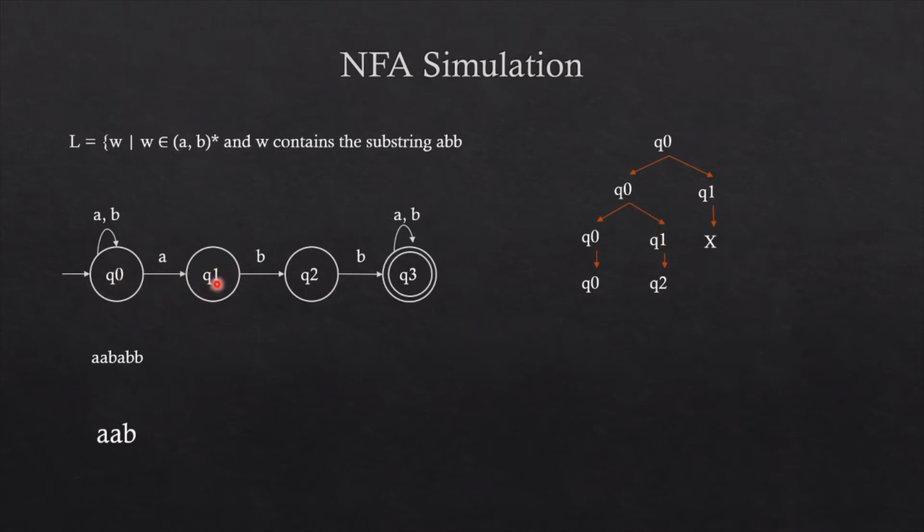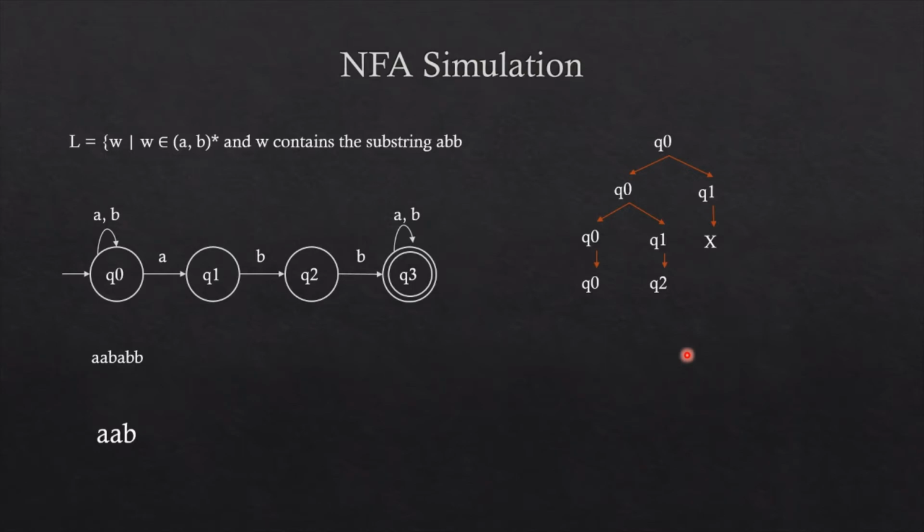See, Q1 means that the last symbol we saw was A. And one of the flows came to Q1 after seeing A. So after it sees a B, it makes progress towards Q2, which means it saw AB, the first two symbols of the substring ABB. So it moves on to the state Q2.